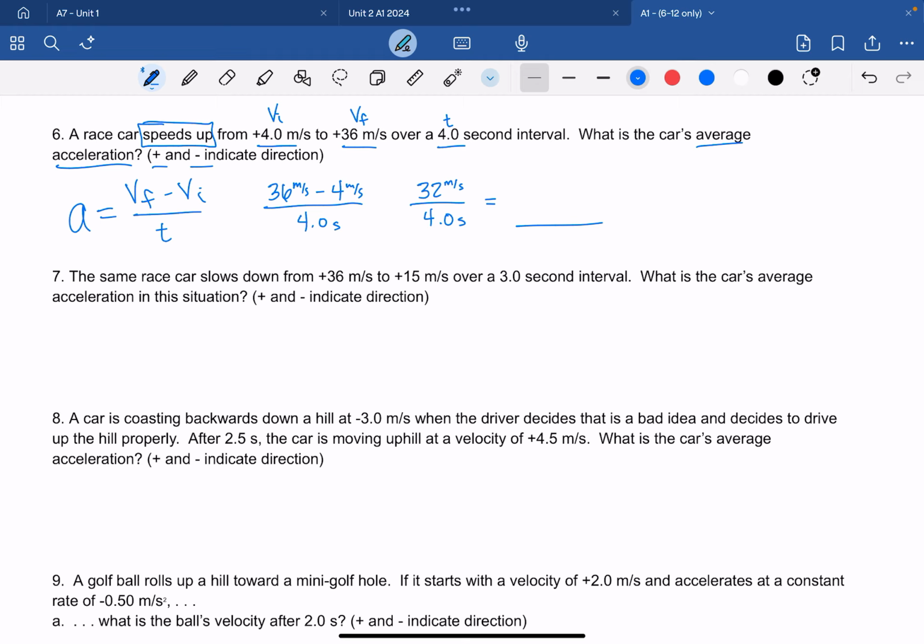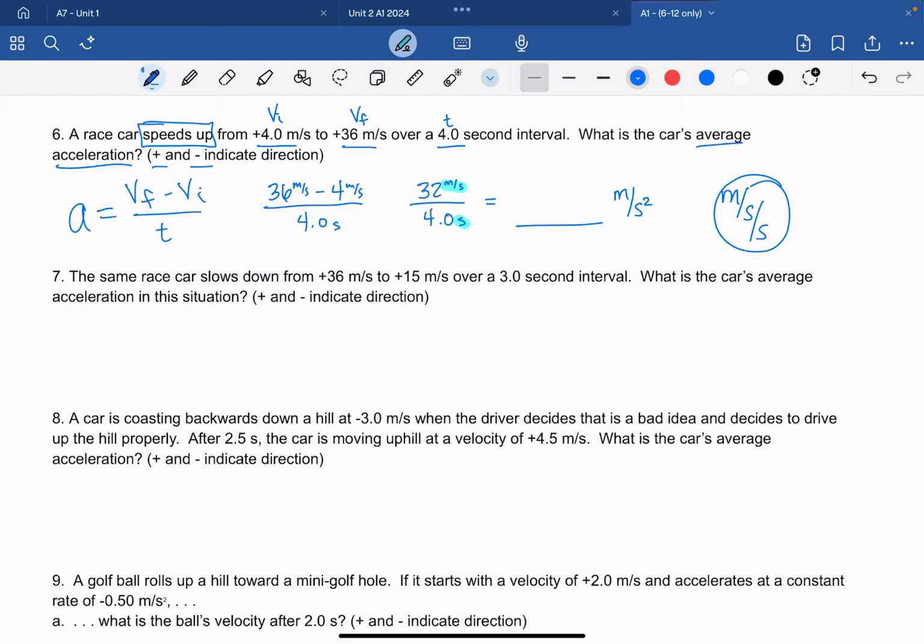And technically, since we are solving for acceleration, remember your unit should be meters per second squared. Because you can see here you have meters per second on top, and you're also dividing by that second. So you technically could also say meters per second, but let's just do meters per second squared. If you did this, though, it's still correct.